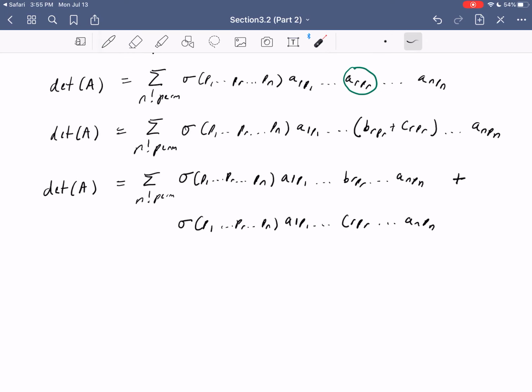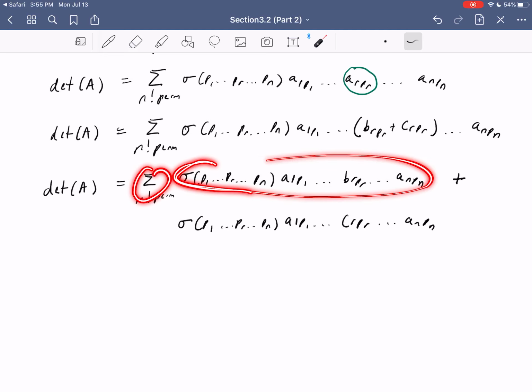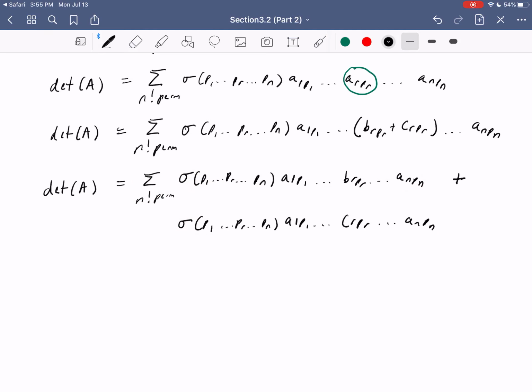Now, as you can imagine, we have the sum of these sums, so we can split that up as two separate summations.